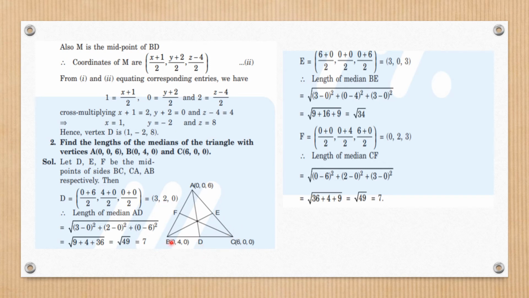The coordinates of D using the midpoint formula are 6 by 2, 4 plus 0 by 2, 0 plus 0 by 2, that is (3, 2, 0). And the length of the median I can calculate using the distance formula, that is 7. Similarly, E I can calculate by using the midpoint, and then BE by applying the distance formula. Similarly for F and then CF as 7.